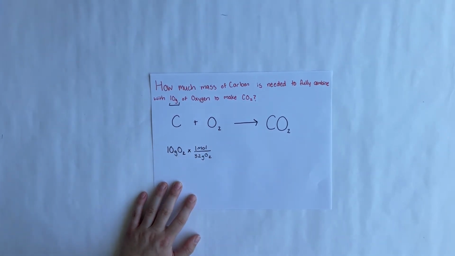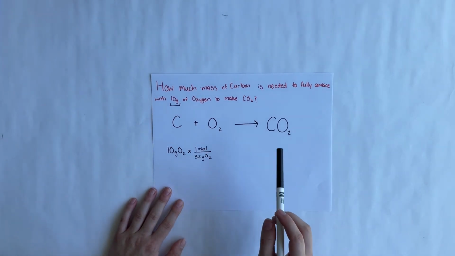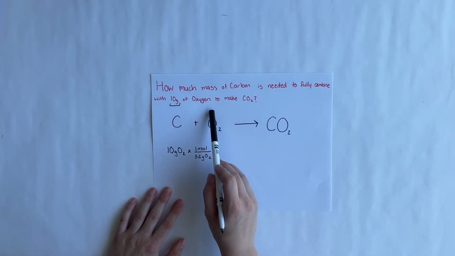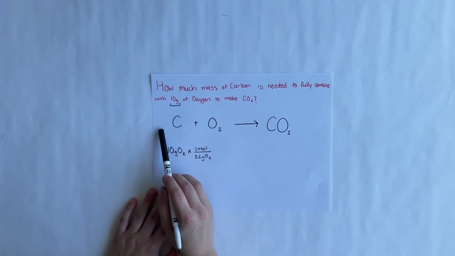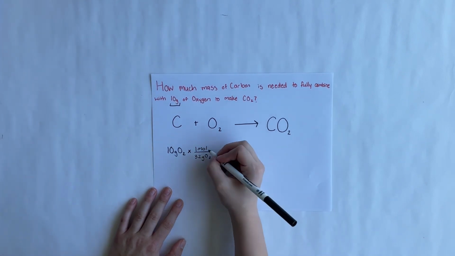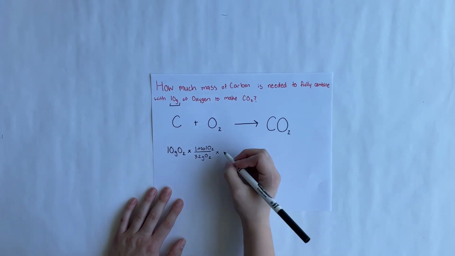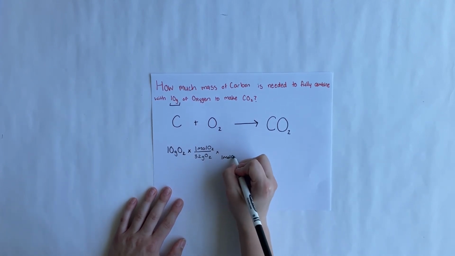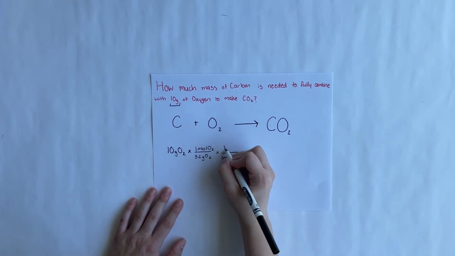And then we take this thing we like to call the molar ratio. It's the coefficient of the substance you're taking and the coefficient of the element you're trying to find. So since we have 1 mole of O2 here, we need to put the O2 on the bottom, so we have 1 mole of O2 for every 1 mole of carbon. They're equal.